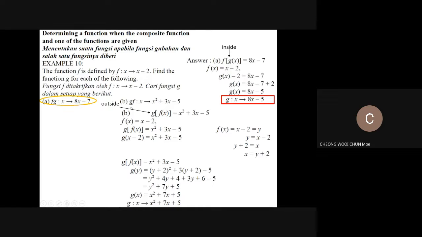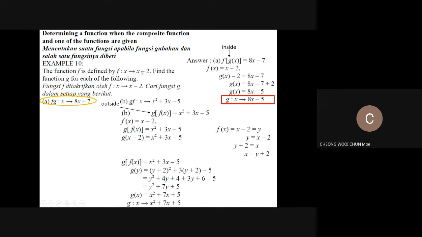Okay, so now the g is outside. Given gf(x) equal to x squared plus 3x minus 5. So we put a bracket to separate the g and the f(x). Why do you want to separate the f(x) and the g(x)?